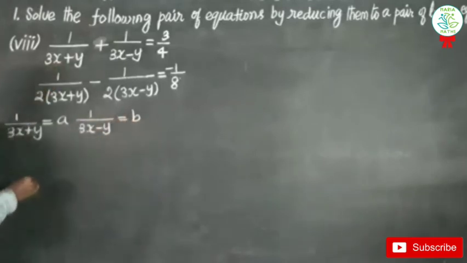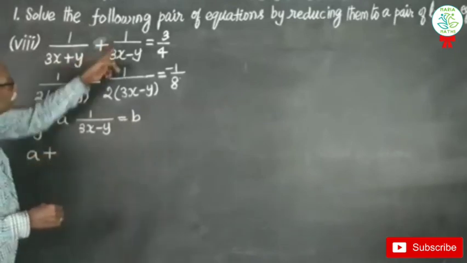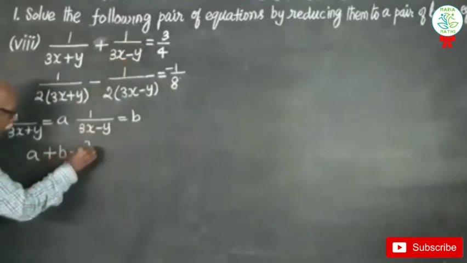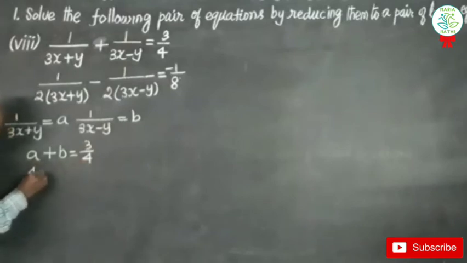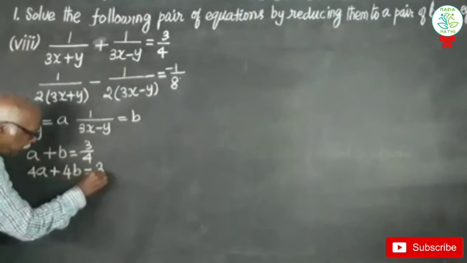The first equation is a plus b is equal to 3 by 4. Now cross multiply: 4a plus 4b equal to 3.